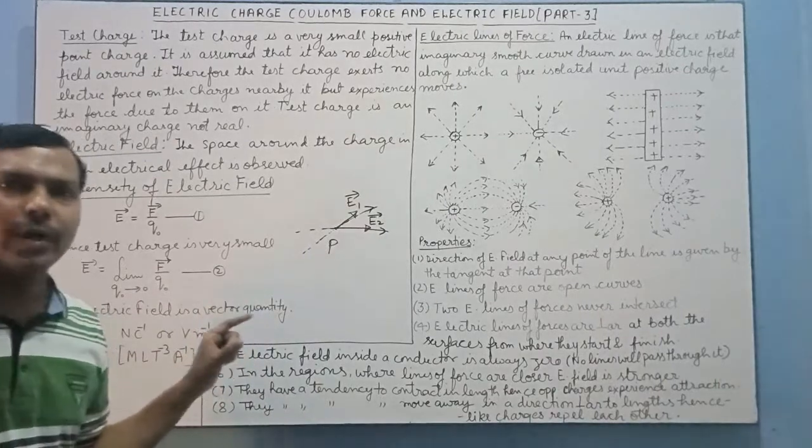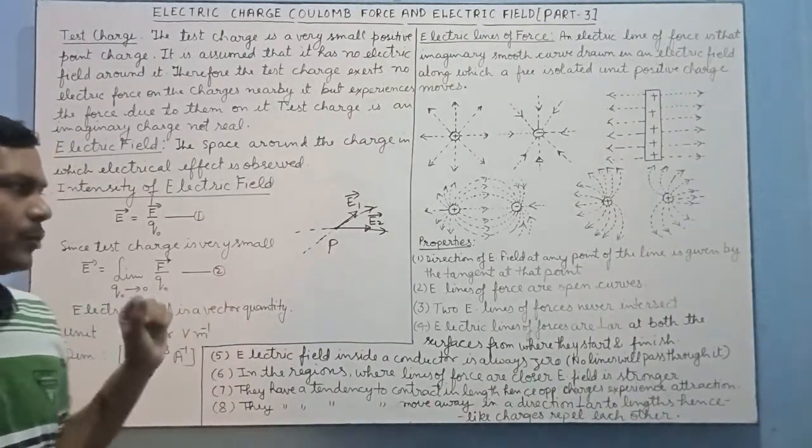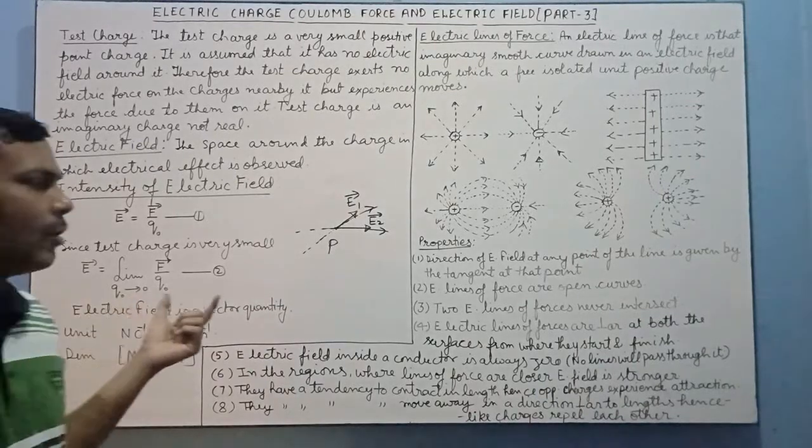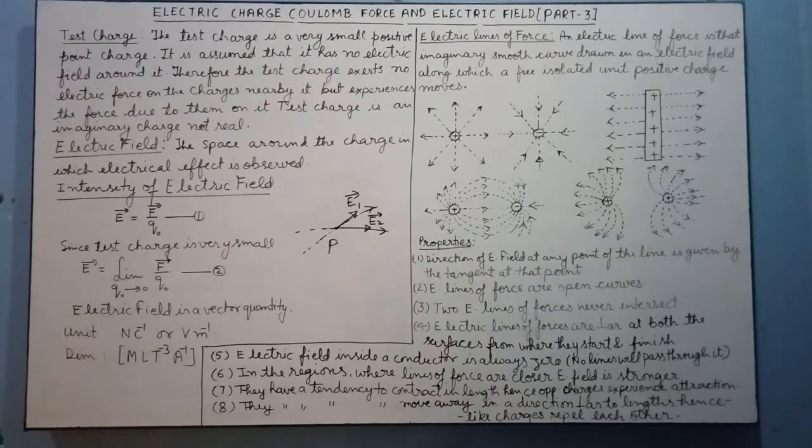At a particular point, two directions of any field are not possible. So two lines of force never intersect each other.